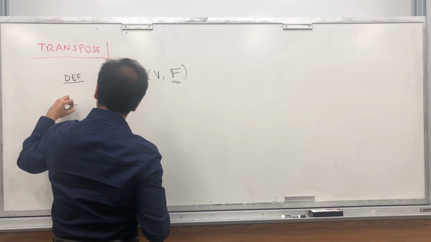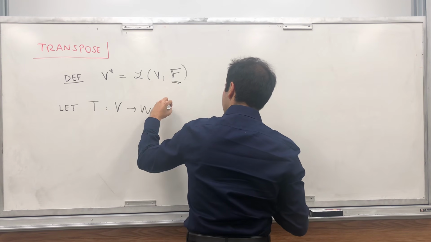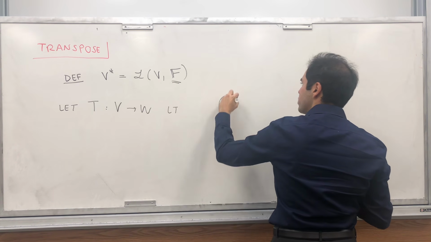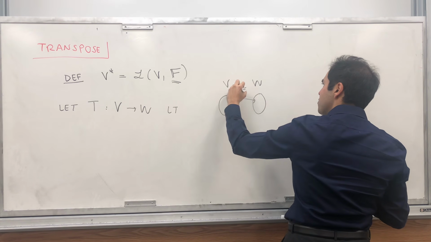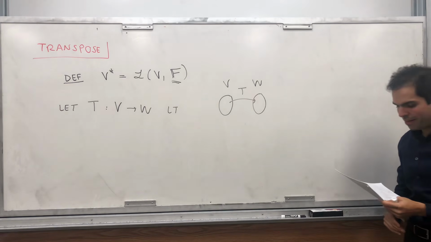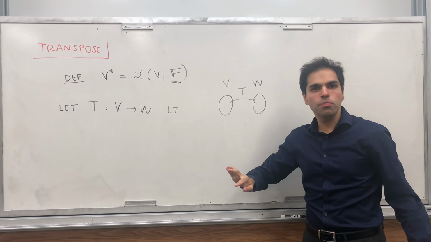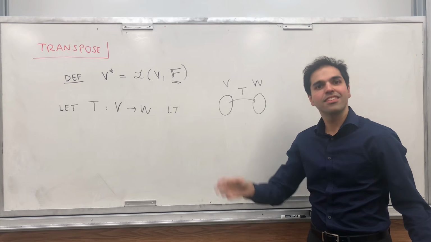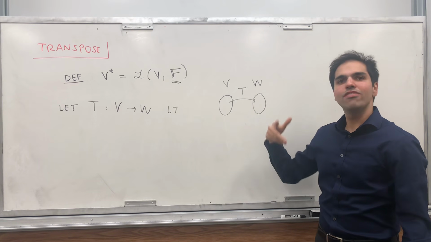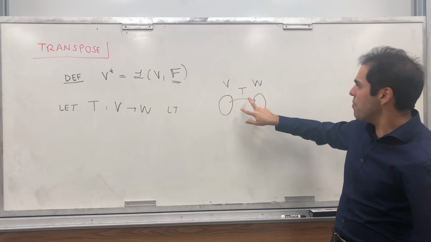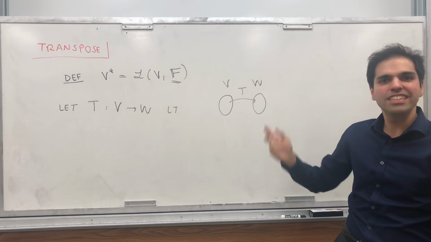Well, first of all, let T be a linear transformation from V to W. Linear transformation, so you can think of two vector spaces, V and W, and T being the plane between the two, like an airplane. And remember, to calculate A transpose, you would like to flip things. You flip the ith and jth entry of A. Similarly, to define T transpose, somehow you're flipping not only the spaces, but also the action.